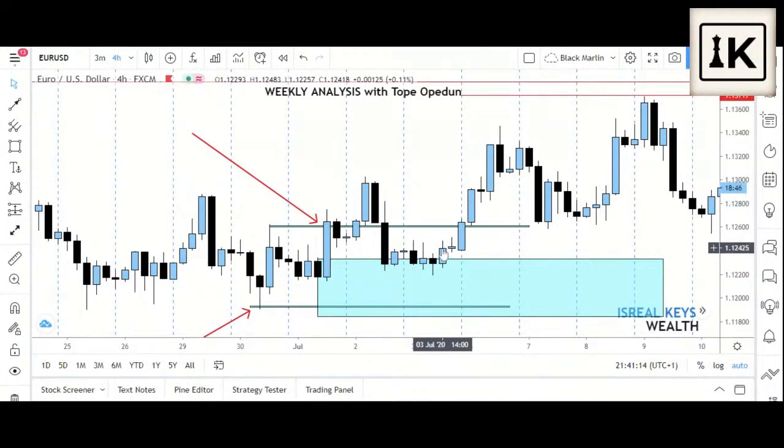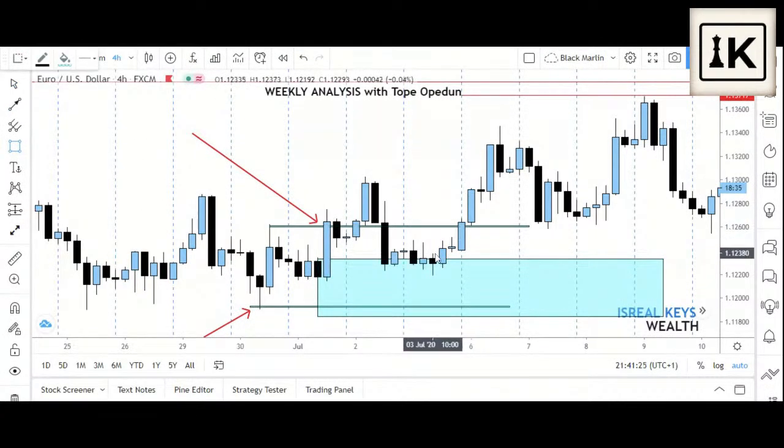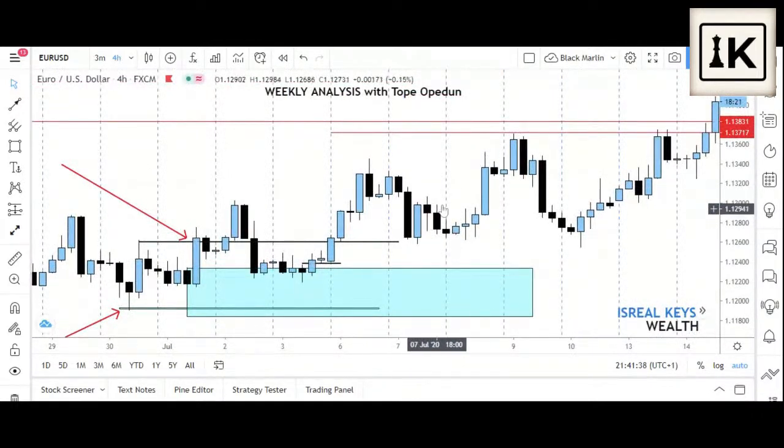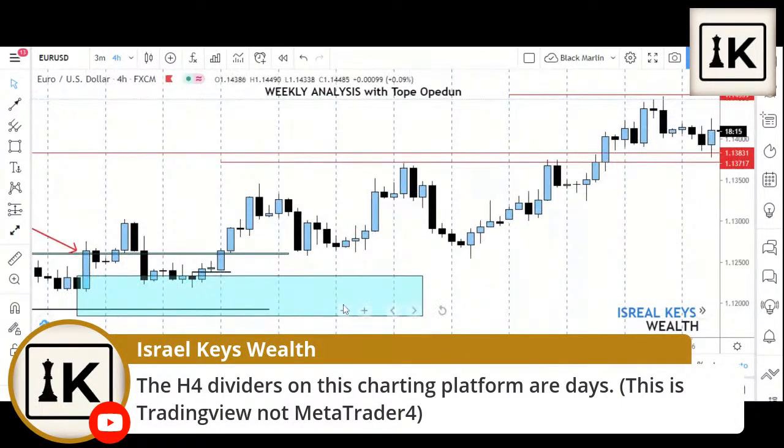Look, that H4 candle closed above that bearish H4 candle. Once that H4 closed, look at the next H4 came, bounced off, and price just flew up. Price took off. So that would have been a very, very good trade till now, in fact.